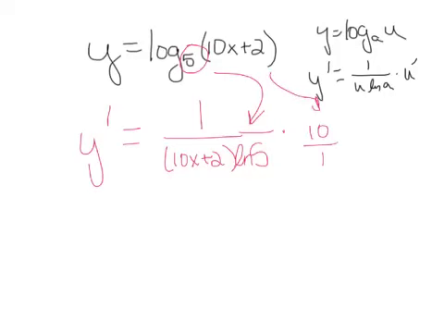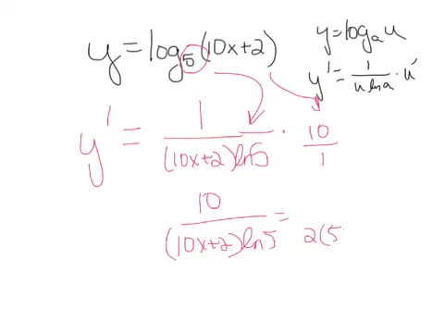So a decent answer here would be 10 over 10x plus 2 ln 5. You could actually factor a 2 out of the bottom, which isn't a bad idea. ln 5, and then 2 goes into 10 5 times. So you could cross these out and maybe have this as your answer: 5 over the quantity 5x plus 1 times ln 5. And that's pretty much the best you can do in simplifying.